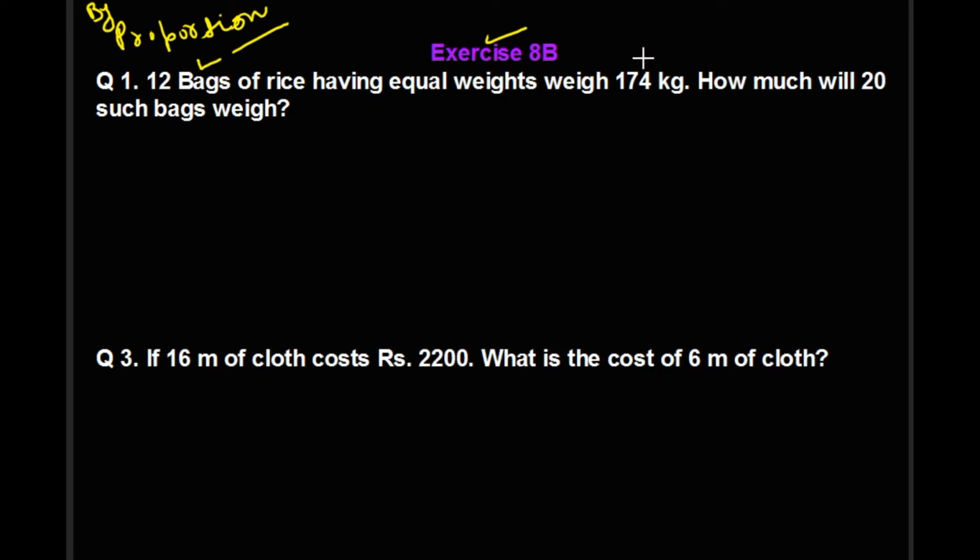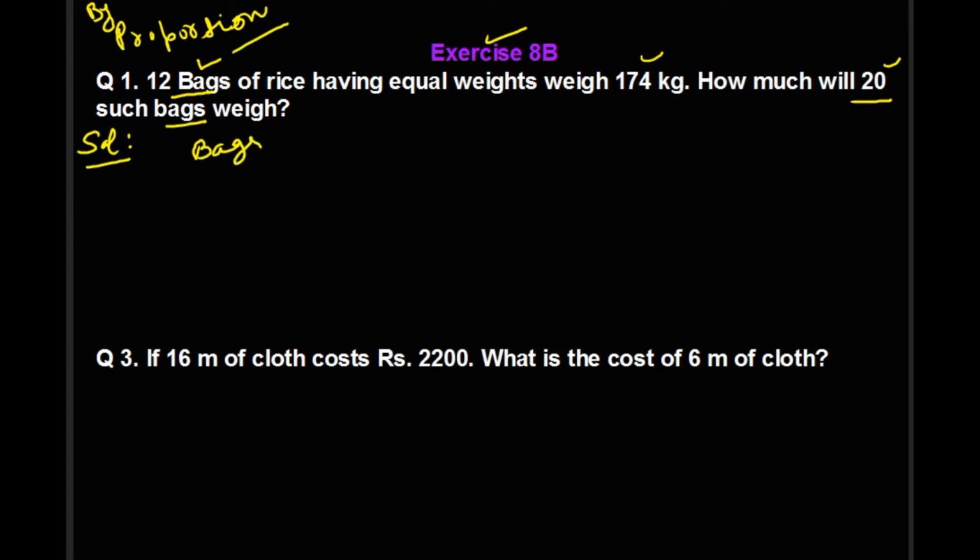Here two quantities are given, number of bags and weight. We have to find the weight. As I have explained in the earlier video of ratio and proportion, the thing which is given two times you will take first. So here the thing given two times is bags, 12 bags and 20 bags.